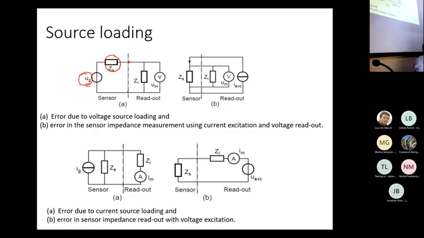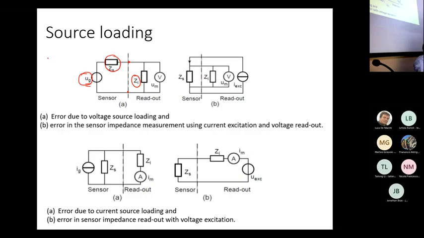But the measuring of the voltage is again inherently affected by some parasitics, so some kind of input impedance. So what we are actually measuring is not the voltage UG, but the partitioning of this voltage between the impedance of the source and the input impedance of the readout circuit.